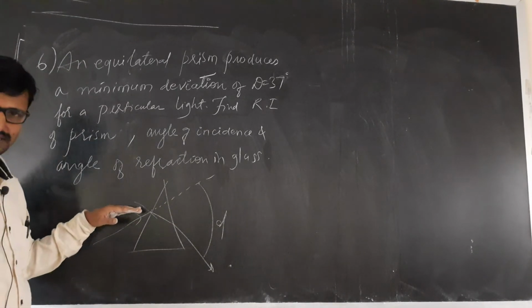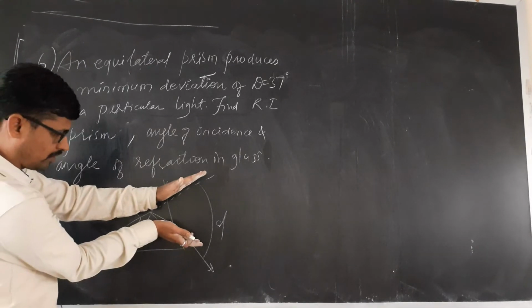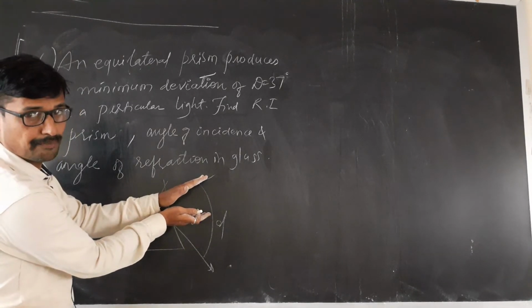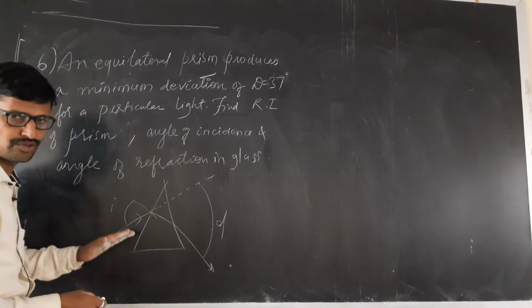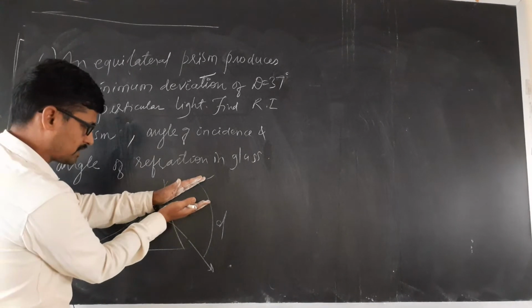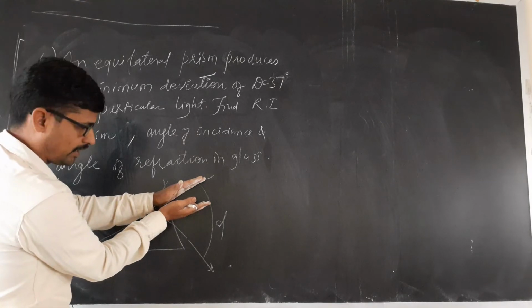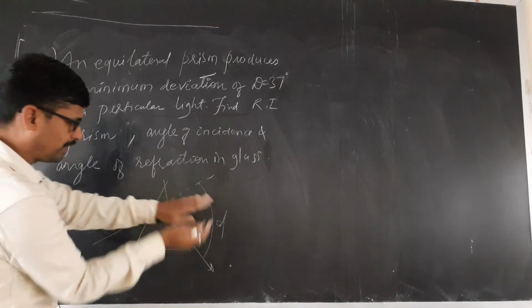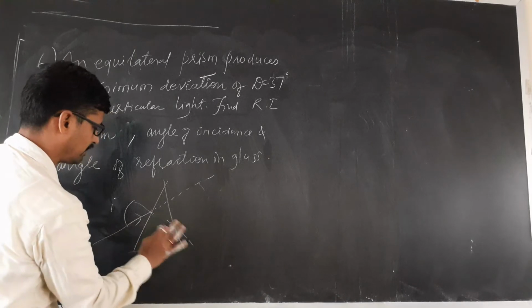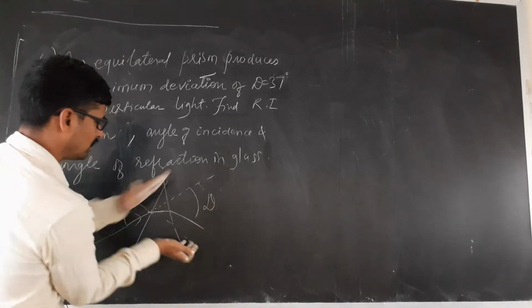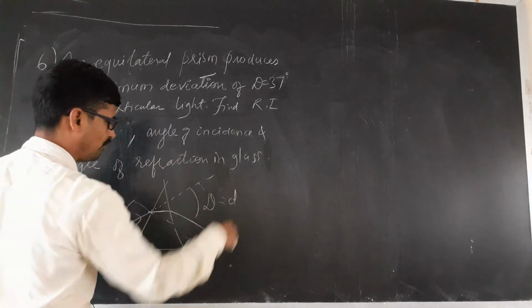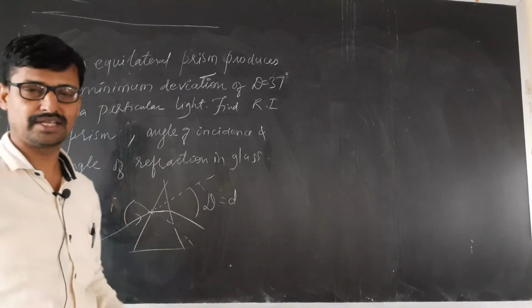If angle of incidence is increased, deviation goes on decreasing, becomes minimum. If you still increase the angle of incidence, deviation then again increases. If angle of deviation is minimum, children concentrate. For minimum deviation, many magical things happen.